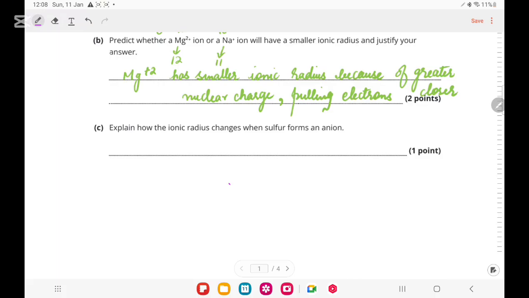In the next question they say explain how the ionic radius changes when sulfur forms an anion.